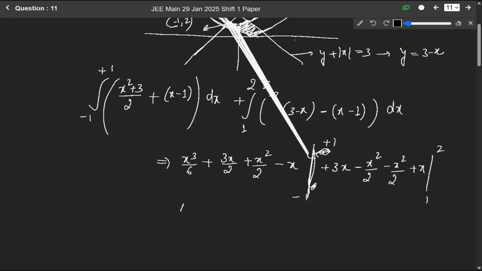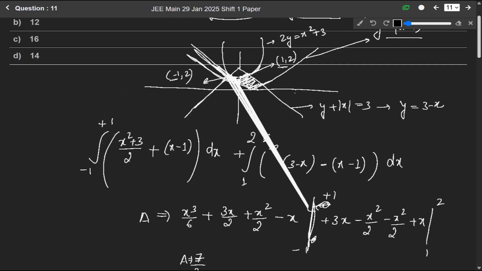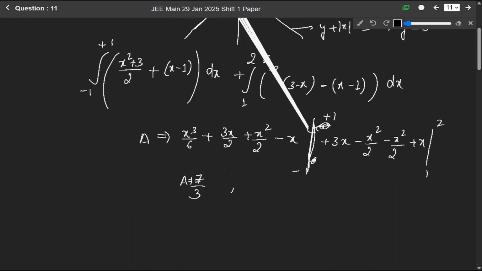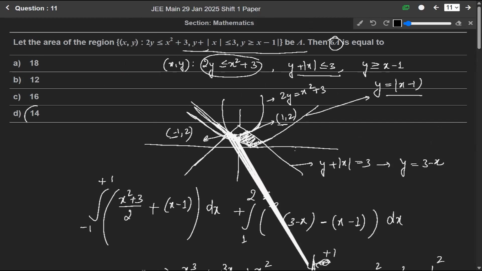Solving it, we get A equals 7 by 3. We have to find the value of 6A, so 6A will be equal to 14. Our answer is 6A equals 14, which means option D is the correct answer.